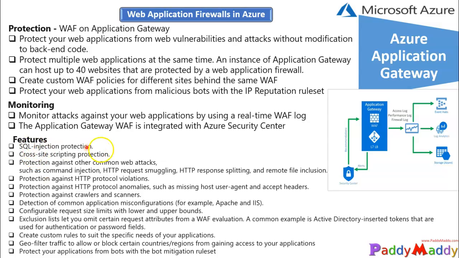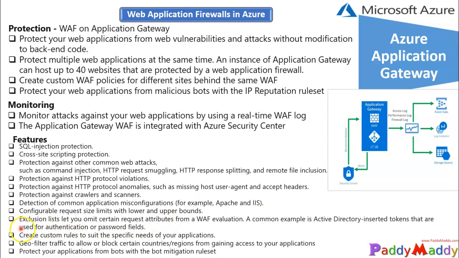Coming back to the features, we talked about SQL injection and cross-site scripting, and there's also protection against other common web attacks such as command injection, HTTP request smuggling, HTTP request splitting, remote file inclusion, and protection against HTTP protocol violations. You also get detection for common application misconfigurations for your Apache or IIS configuration.